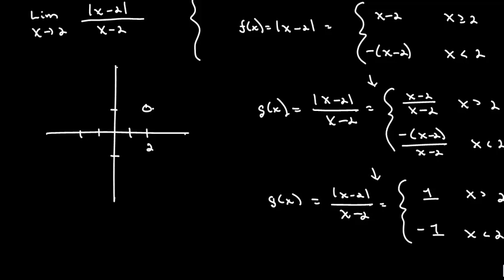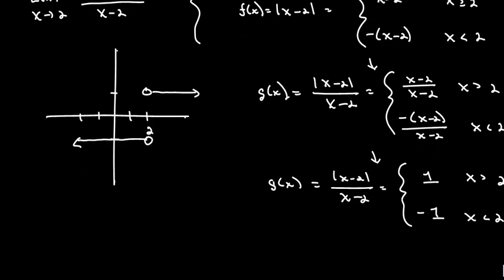So not at 2, but this way. I'm looking at this to graph my piecewise defined function. And then down here, when x is less than 2, it's at negative 1. So from here, this way.